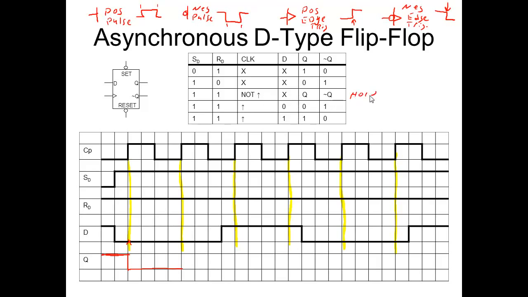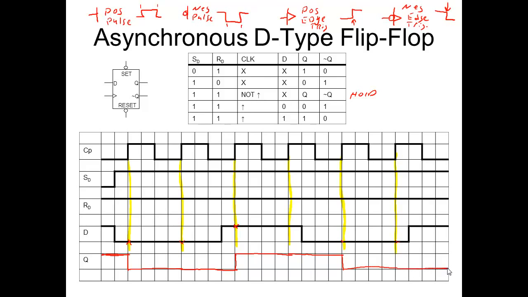Remember, this is a hold condition. Positive edge, D is low, so we're going to go low and stay low all the way over to there. Right there, D is high, so Q is going to go high. And it's going to stay high all the way over to there. D is high, so we're going to stay high. D goes low here, so we're going to go low.